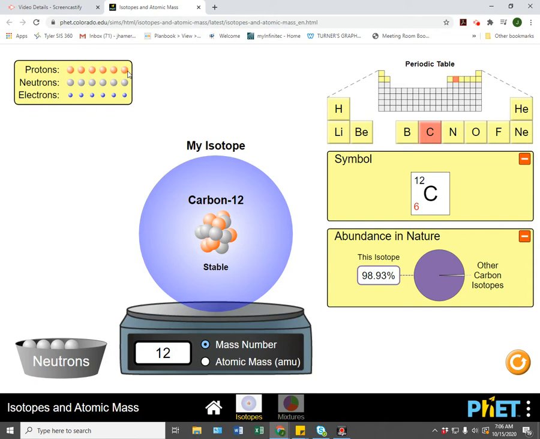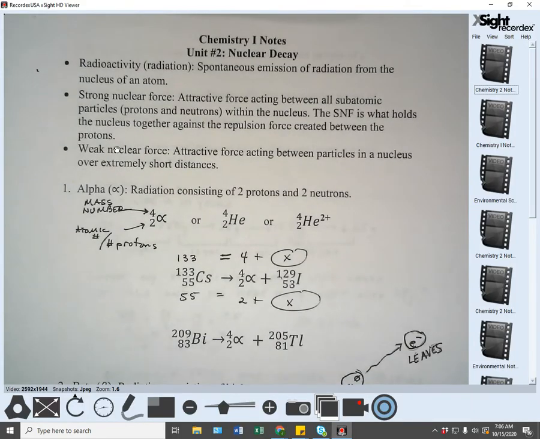So if all we have are positive charges inside the nucleus, you would think that those positive charges would be repelling each other, which they are. However, we also have a strong nuclear force and a weak nuclear force. They're both attractive forces, and they act between all subatomic particles, protons and neutrons within the nucleus.